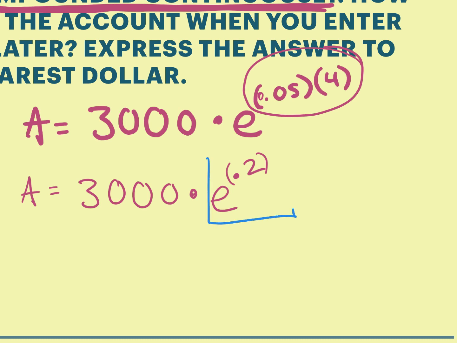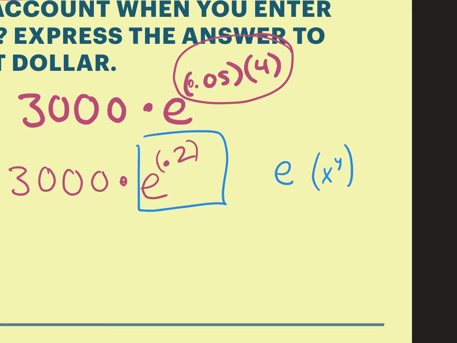So we're going to put this into our calculator. We want to click that E button and then click the x raised to the power of y because we're dealing with an exponent, and then 0.2. So these are the buttons you're going to push into your calculator in that order.